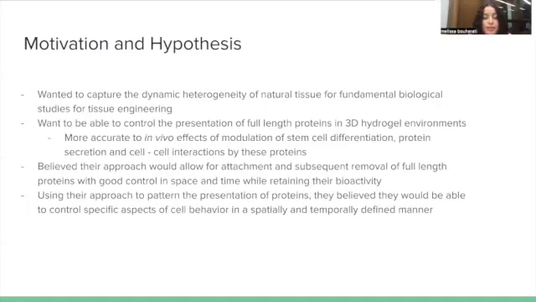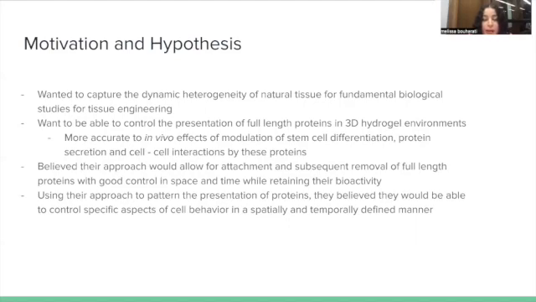The overall motivation of the study was the ability to recapitulate the dynamic heterogeneity of natural tissue, which is needed for fundamental biological studies, as well as for the further development of effective strategies for tissue engineering. Additionally, the researchers wanted to be able to control the presentation of full-length proteins in 3D hydrogel microenvironments, since most of the past work platforms cannot capture the spatial and temporal variation with which physiological cues are presented to cells in vivo.